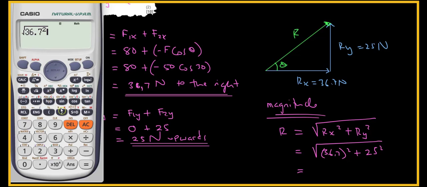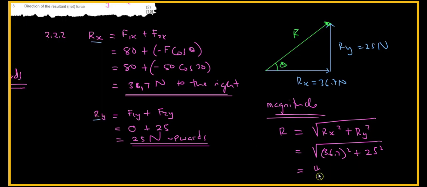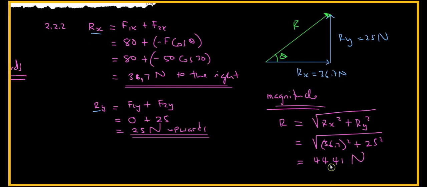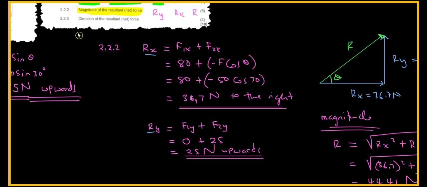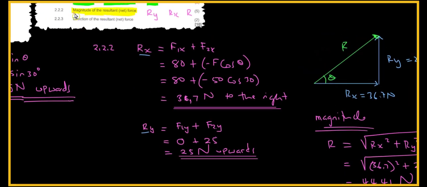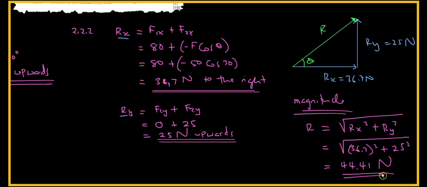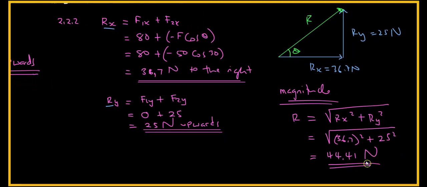I get 44.41. So that's 44.41 newtons. This is the magnitude of the resultant. So this is what the question is asking for, only the magnitude of the resultant.